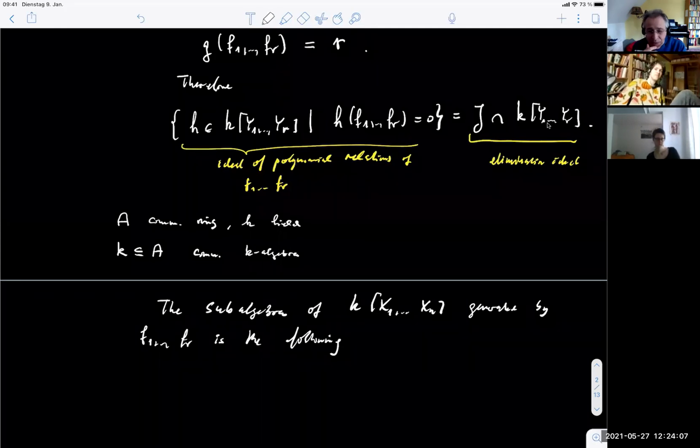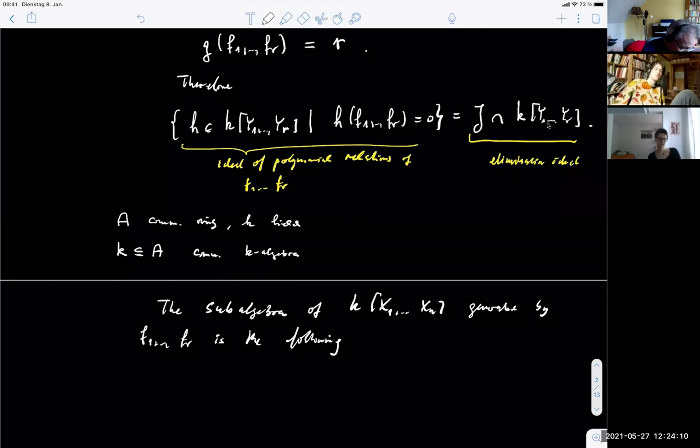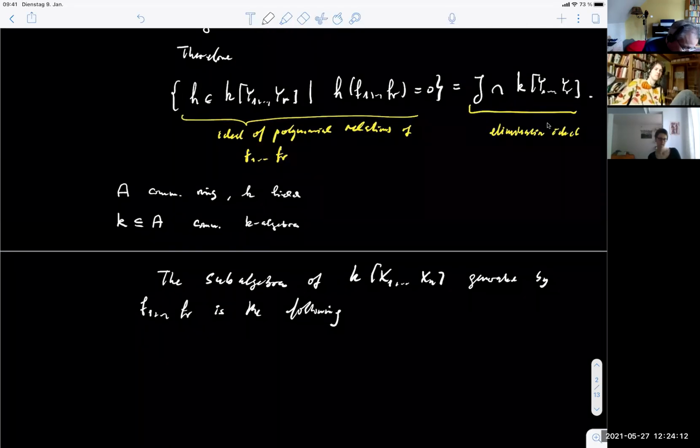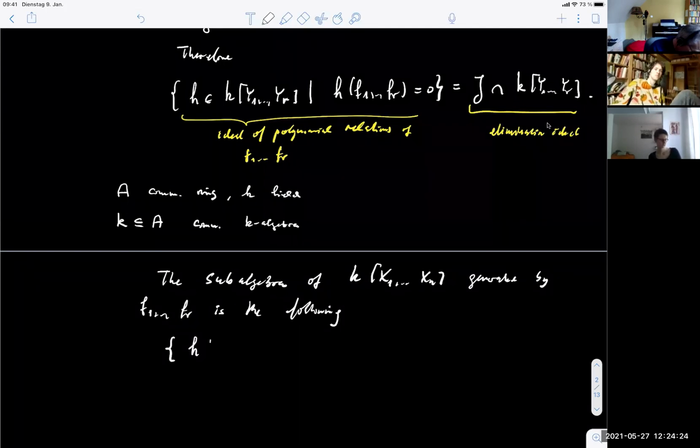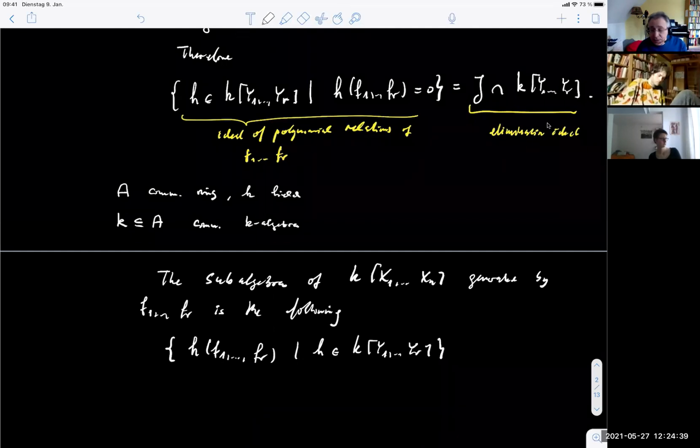Now let me write explicitly what the subalgebra of the polynomial ring generated by the polynomials is, instead of saying it's the smallest subalgebra containing F1 up to Fr. I take any polynomial h in auxiliary variables y1 up to yr, and substitute the variables by the f's.